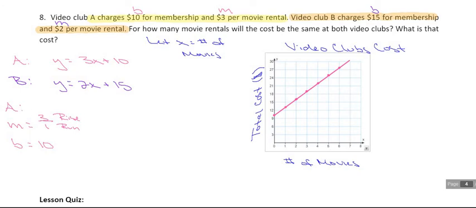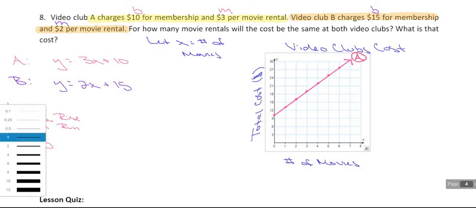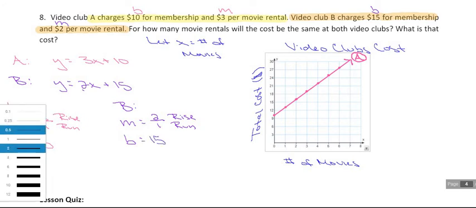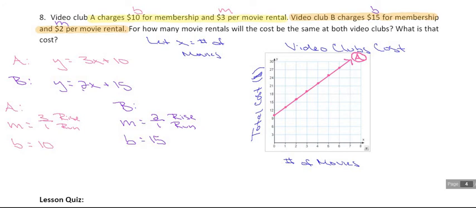All right, so there is Video Club A. And now let's check out B. So our slope for B is going to be 2 over 1, and our y-intercept is 15. So when we begin with B, we're going to go to 15. So we've got a nice starting position there. And now we're going to rise 2, run 1.